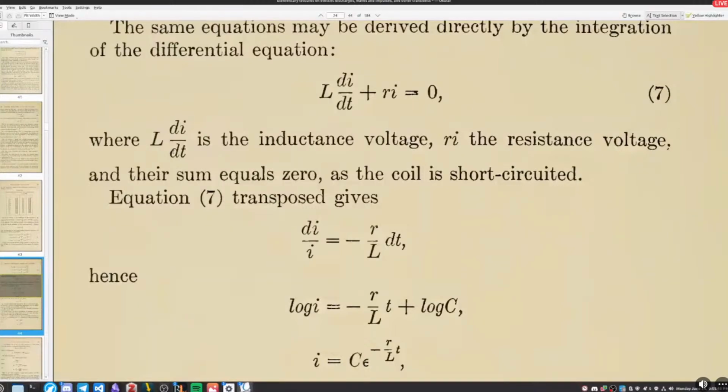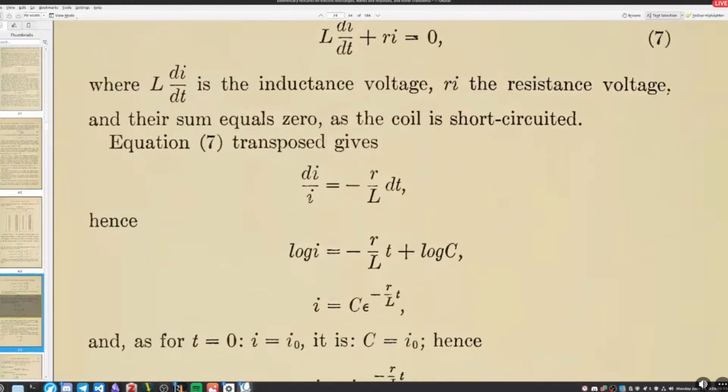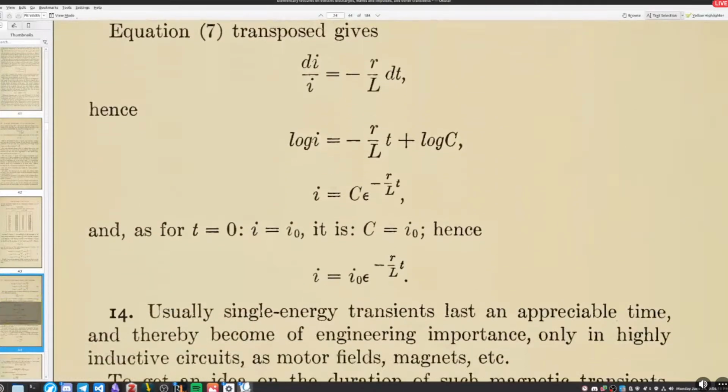So the same equations may be derived directly by the integration of the differential equation L times di over dt plus Ri equals 0, where L times di over dt is the inductance voltage, Ri the resistance voltage, and their sum equals 0 as the coil is short circuited. Equation 7 transposed gives di over i equals negative R over L dt.